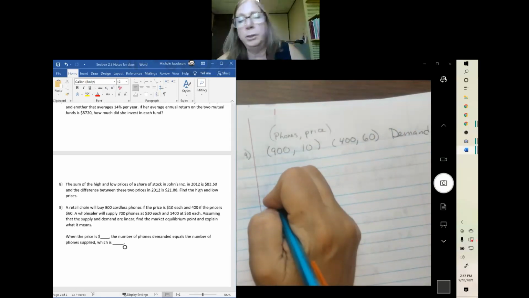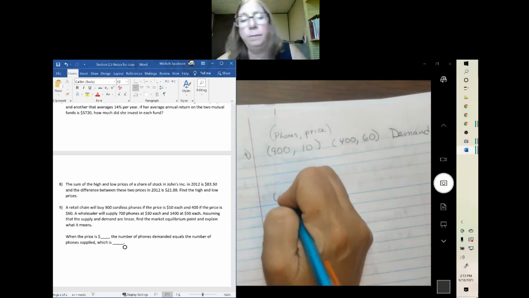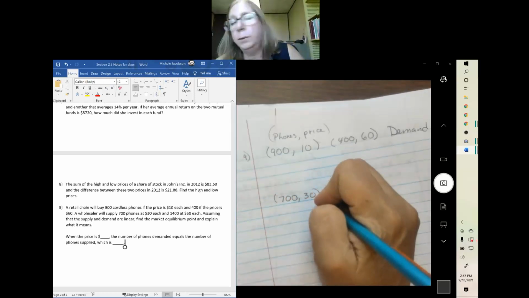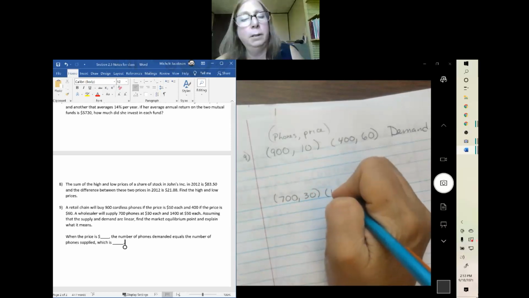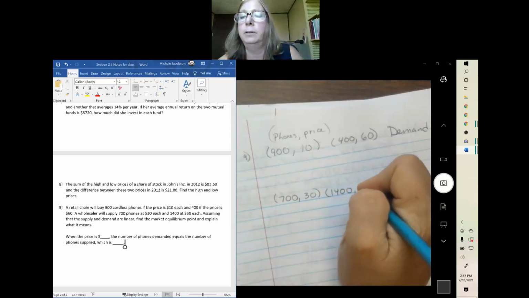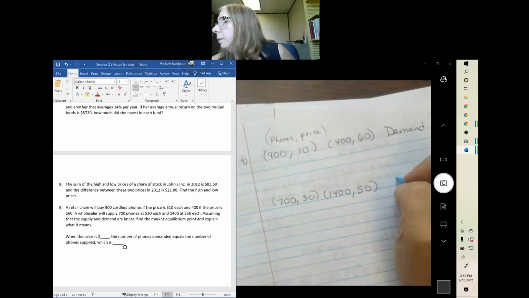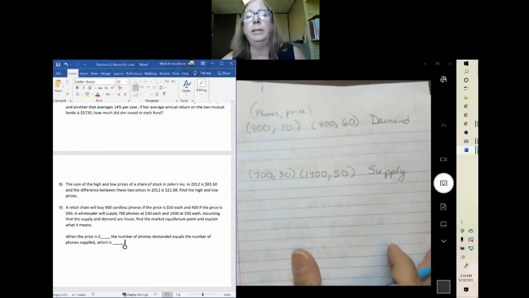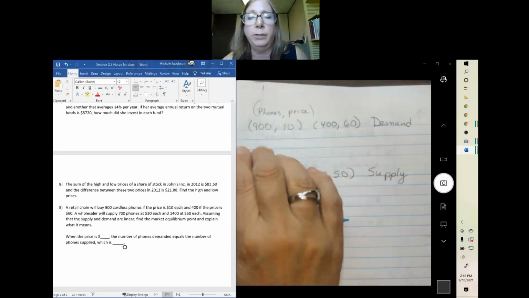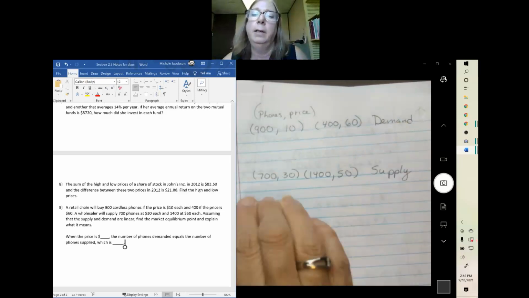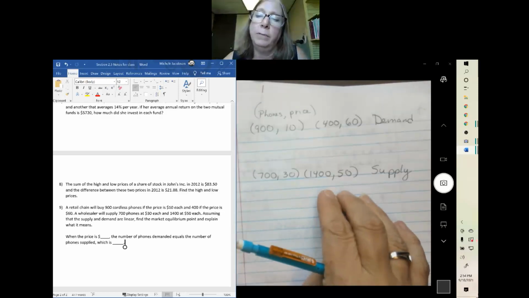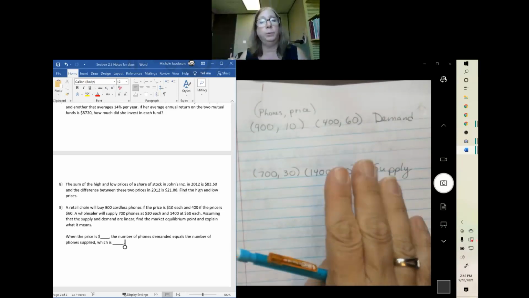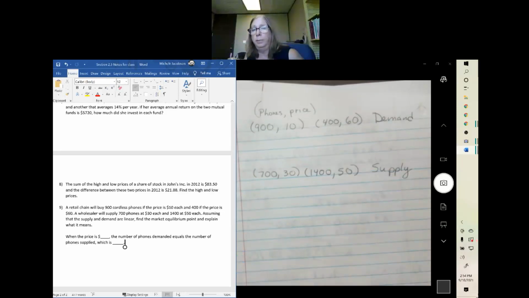And then it says the wholesaler will supply 700 phones at $30 and 1,400 at $50. That's your supply. So what you want to do is use these 2 points to write an equation for the demand, and then use these two to write an equation for the supply. Then just set them equal to each other to find the market equilibrium.